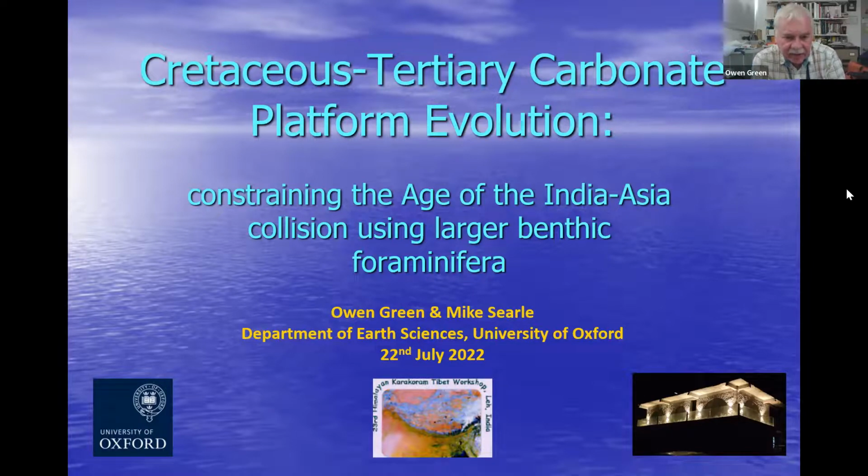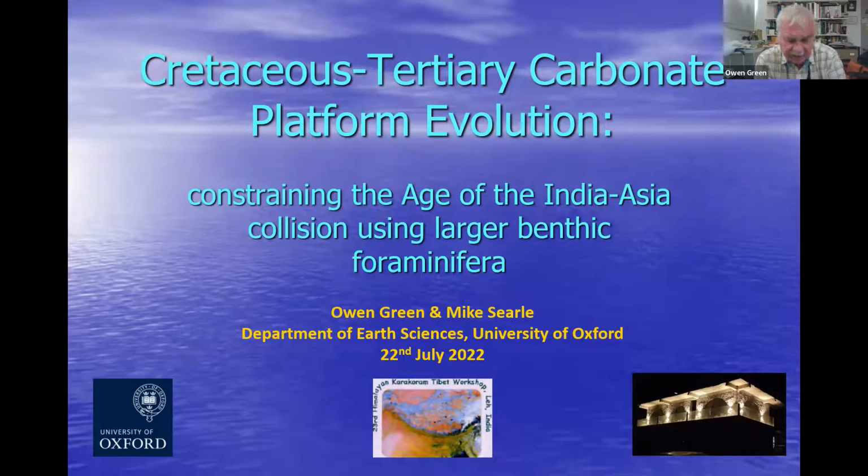Okay, so here's my title. We are constraining the age of the India-Asia collision, and we are using larger benthic foraminifera. Larger benthic foraminifera commonly occur in shallow water, near shore, usually on shelf environments.